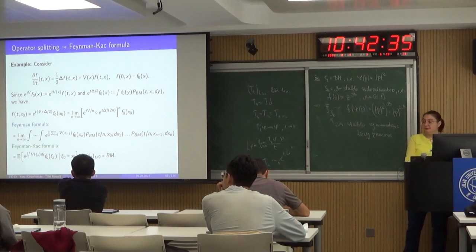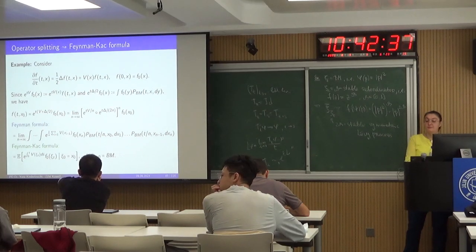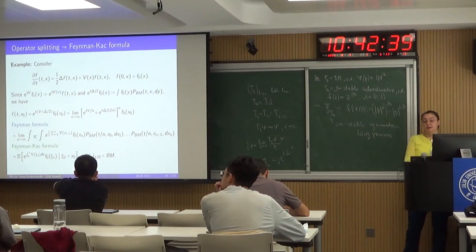So actually, starting with Chernoff approximation, we obtain the approximation of the solution in this form. We obtain the Feynman formula, and having this, we can show that the solution also has this form. So we have a stochastic representation for the solution of this evolution equation.